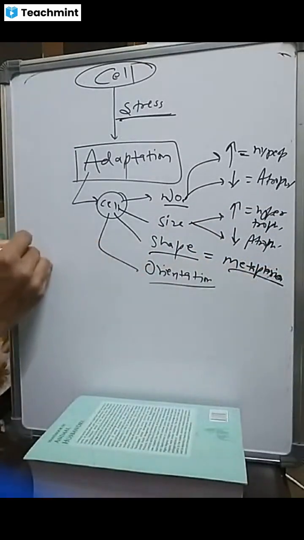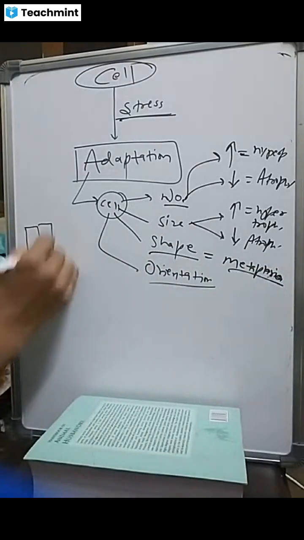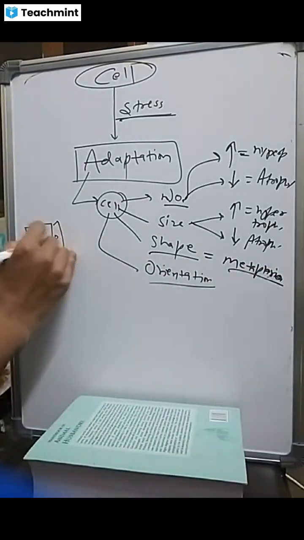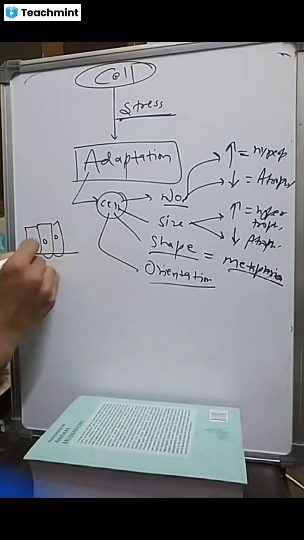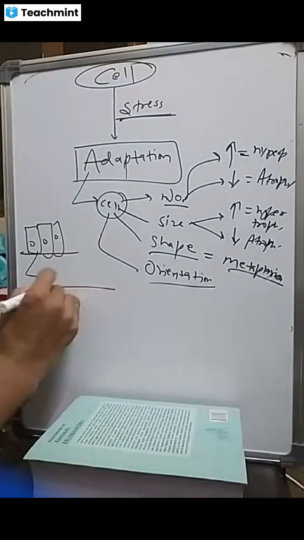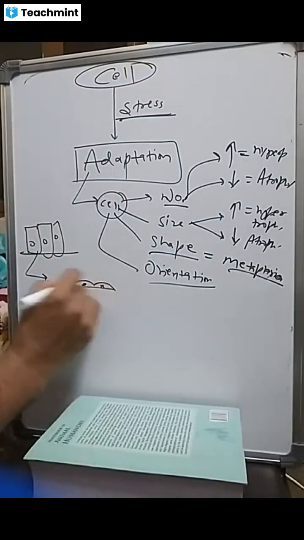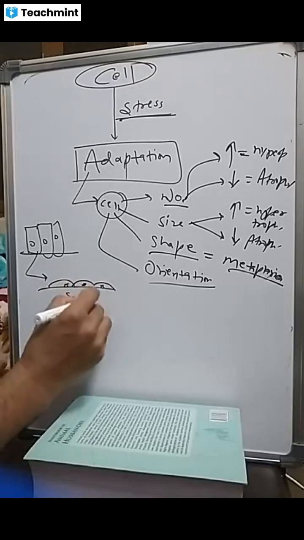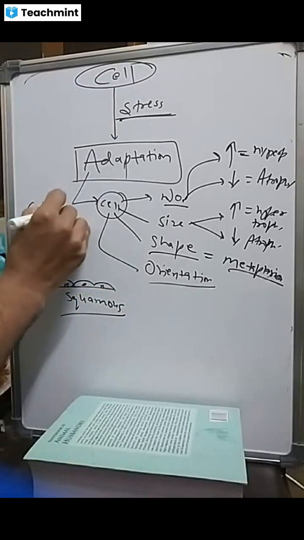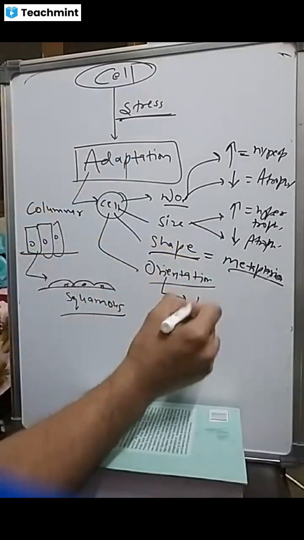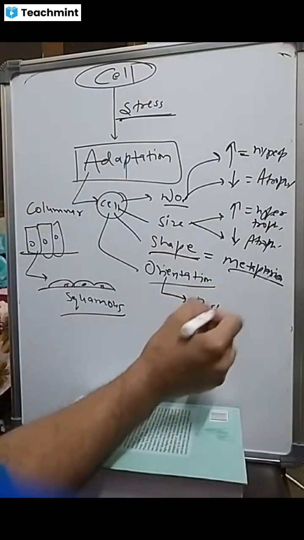Change in shape was like this: some columnar cells change their shape to squamous. Orientation change was dysplasia.